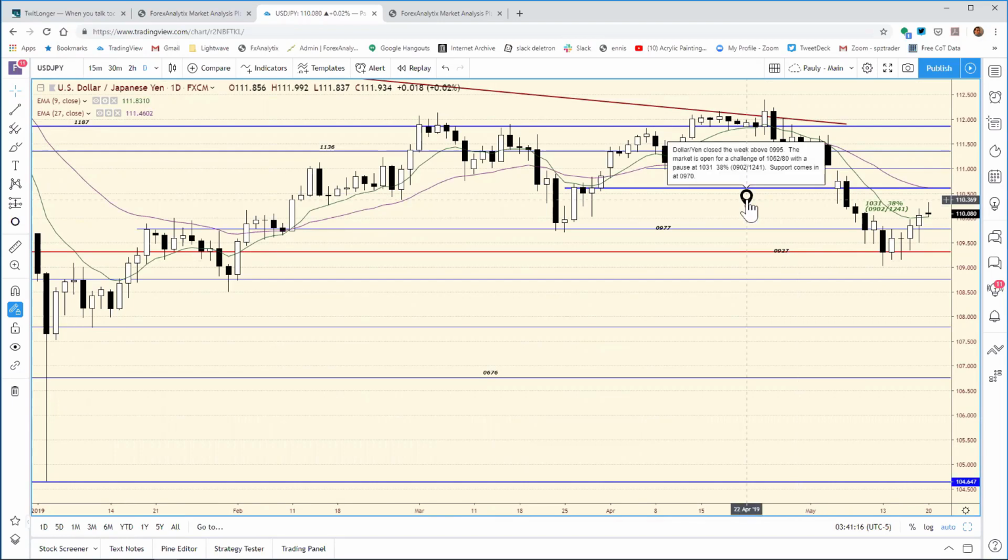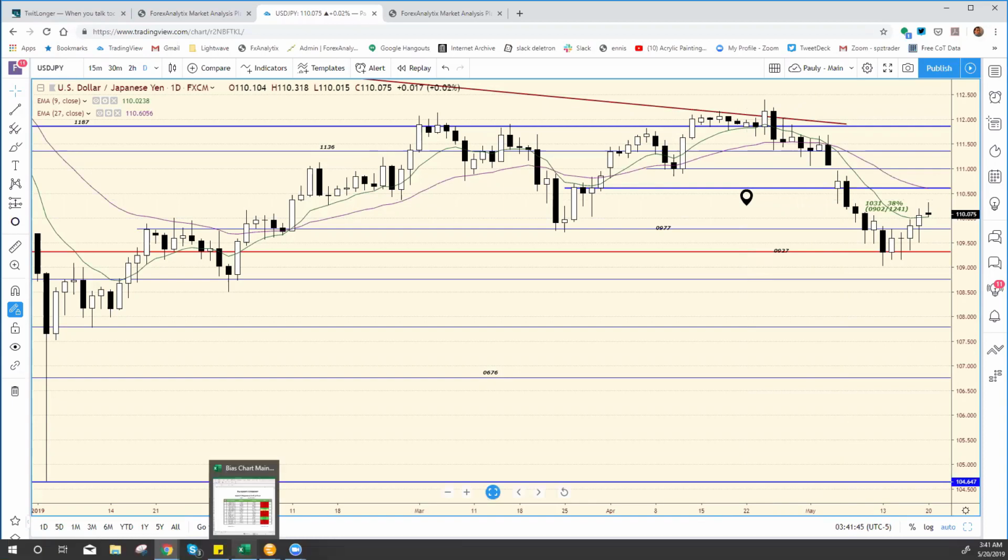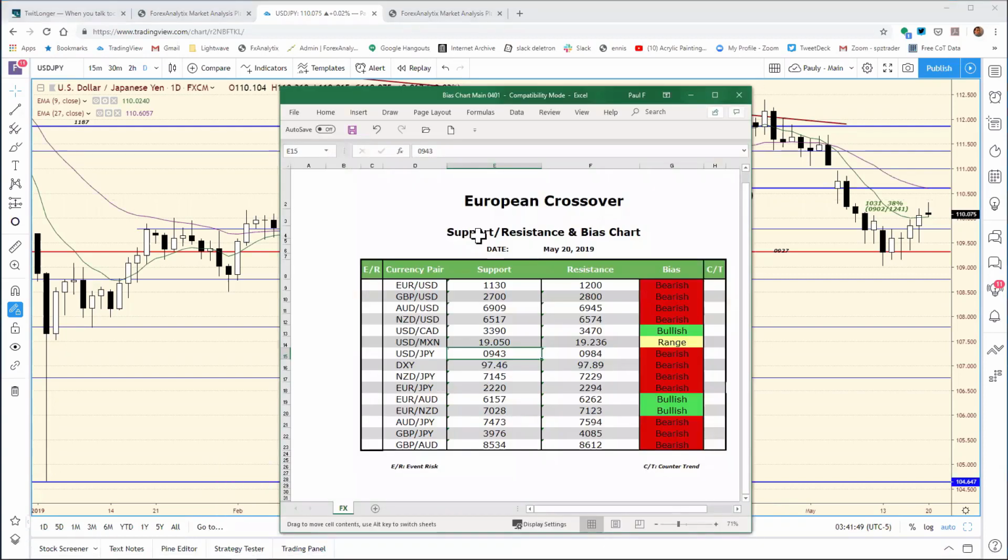The market's open for a challenge of 1062/80 with a pause at 1031, which is at 38% of 902 to 1241. Support comes in at 970. So the high was just that 1031. Actually, it looks like it got up to 1032. And there's that 38%. We were talking about the importance of it. It got above 995, and support comes in at 970. So we're going to go with that and potentially get up to 1062. We did reach that 1031 38%. So we know support comes at 970.